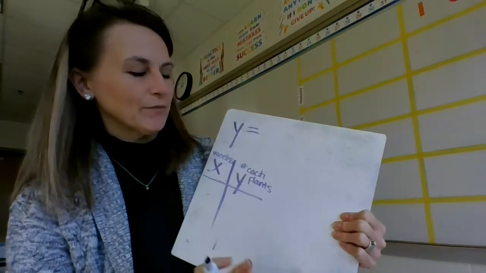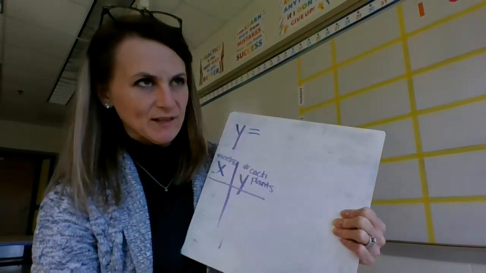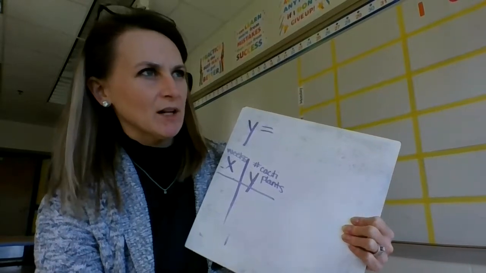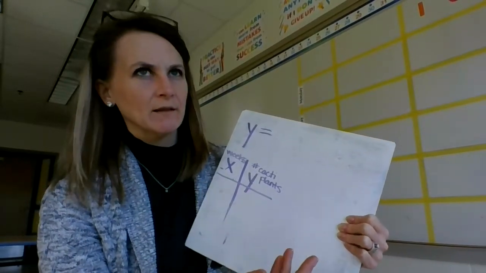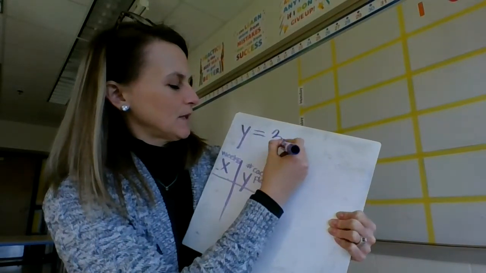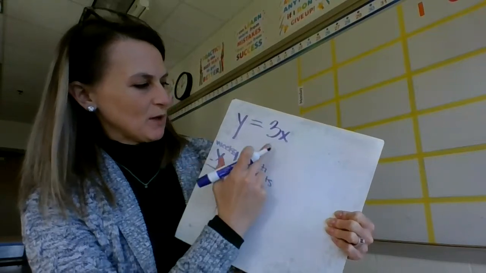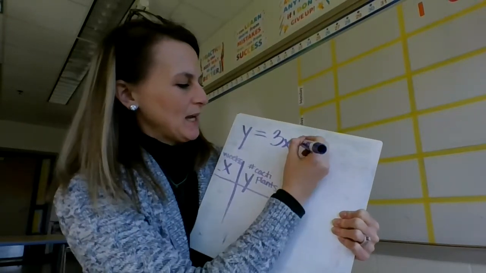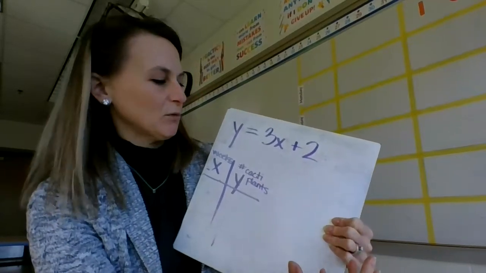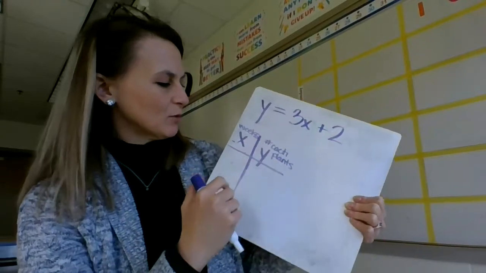Okay, so the story again said that every week that went by, Chris collected another 3 plants. But before he even started collecting, he already had 2 plants. So every single week, Chris is going to collect 3 plants. So the number of weeks is my x, times it by 3, and I'm going to add 2 to that each time because he already started his collection with 2 plants. So my equation is going to be 3x plus 2.